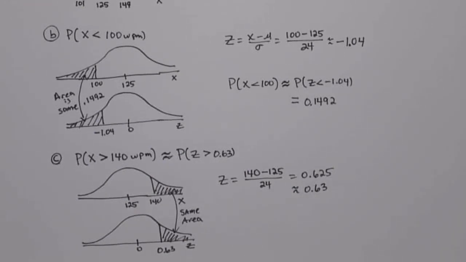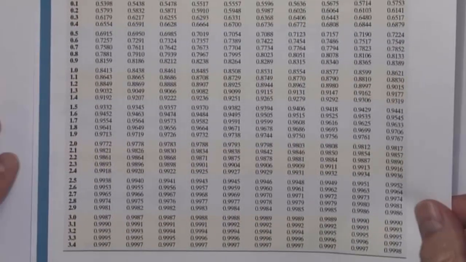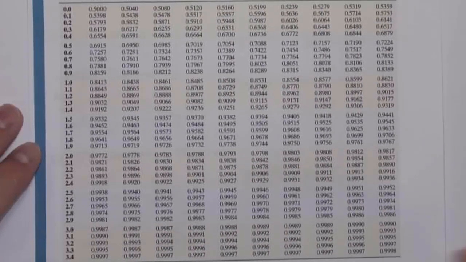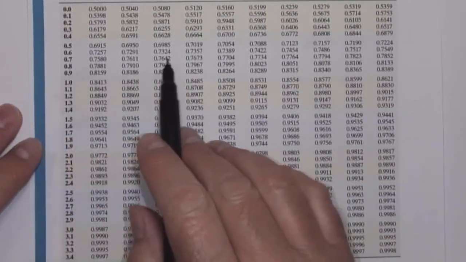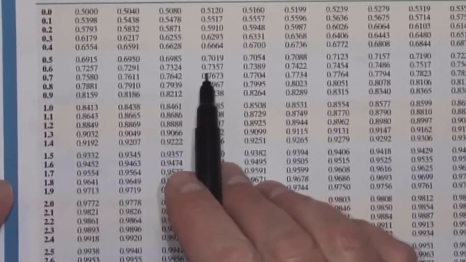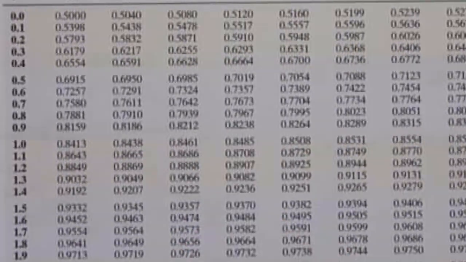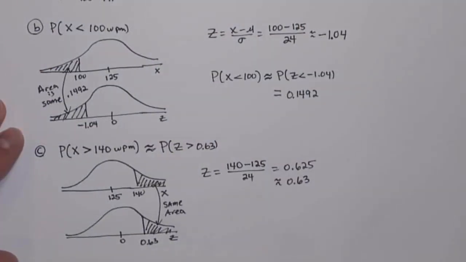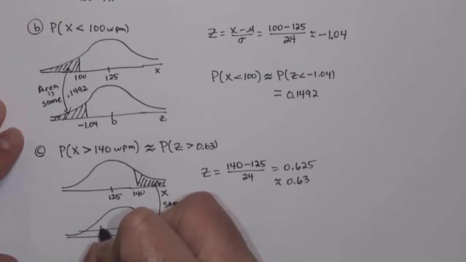So again, these are approximately equal. So if I look up 0.63 in our standard normal table, 0.63 has an area of 0.7357 to the left.